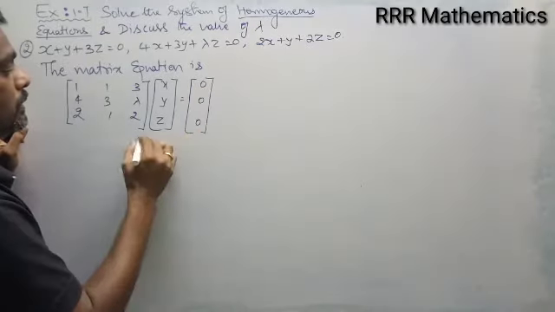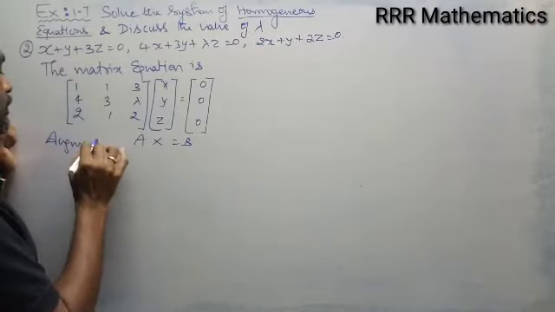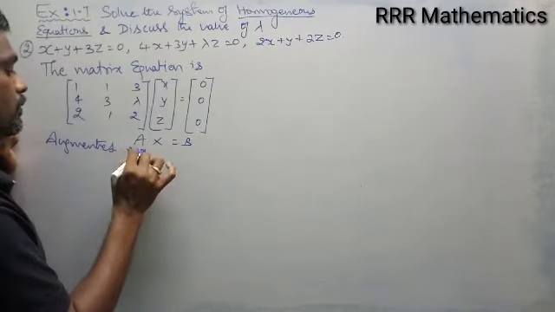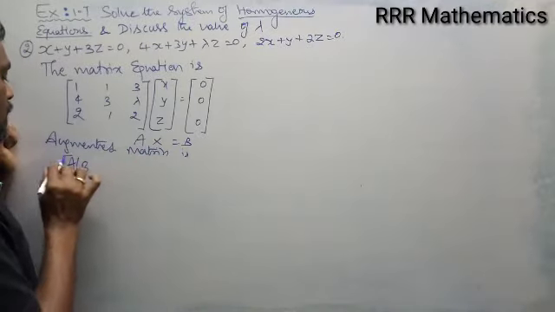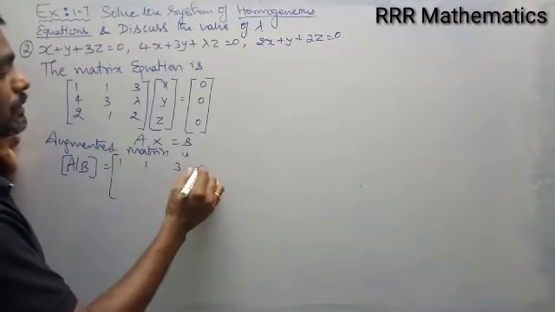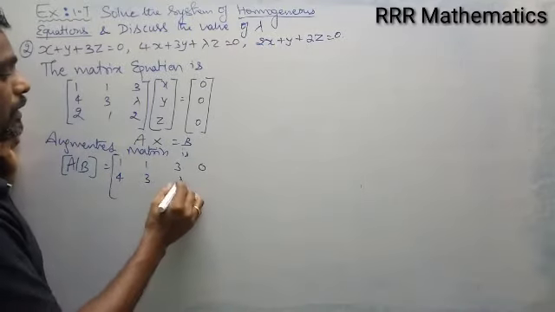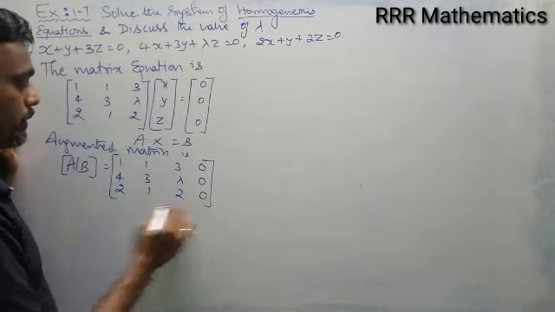So this is AX equal to B. Next step, the augmented matrix: write A and B together. I have 1, 1, 3, 0; 4, 3, lambda, 0; 2, 1, 2, 0.